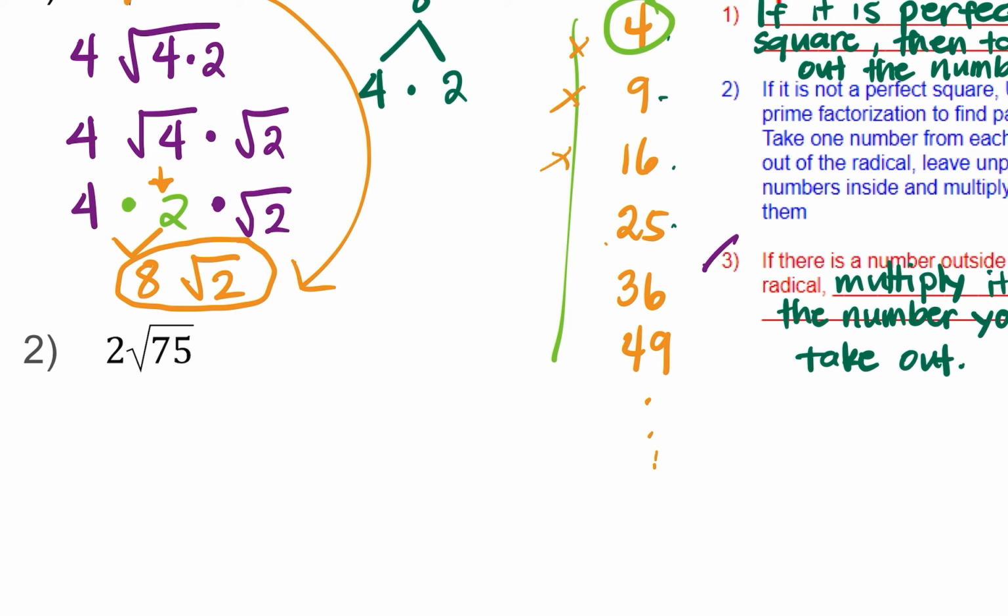However, 75 is divisible by 25. So 75 divided by 25 will give us a 3. And 3 can't be simplified any further, so we can rewrite square root of 75 into 25 times 3.